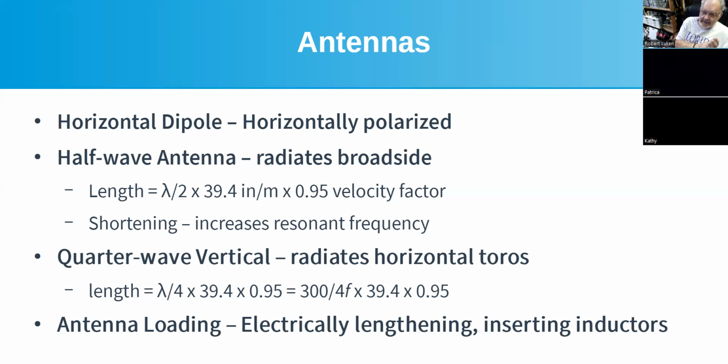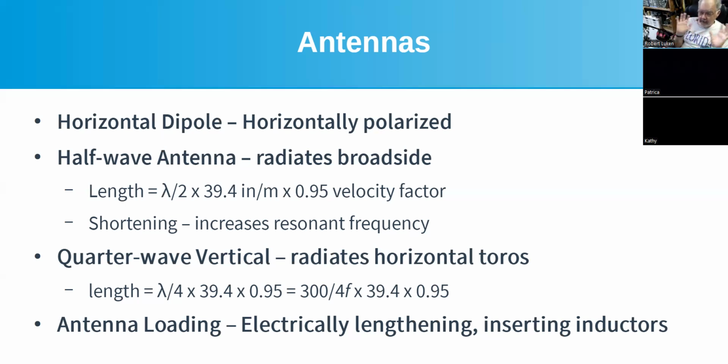The other basic antenna is called a quarter wave vertical. It's essentially half of a half wave dipole mounted vertically, and the ground itself is acting as the other element in that half wave dipole. And the radiation pattern around the vertical is going to be like a donut.